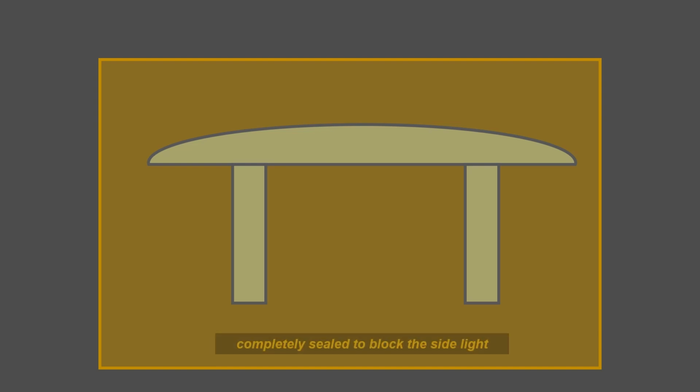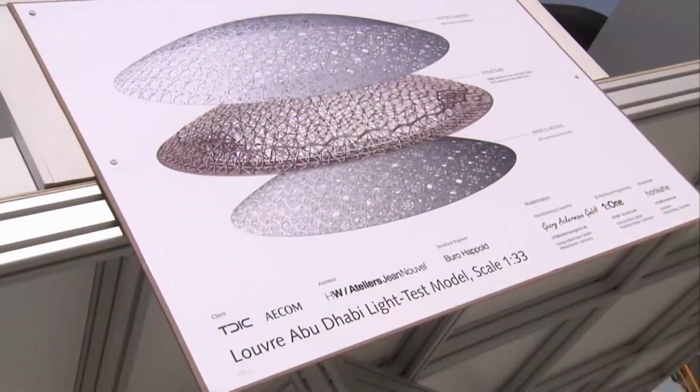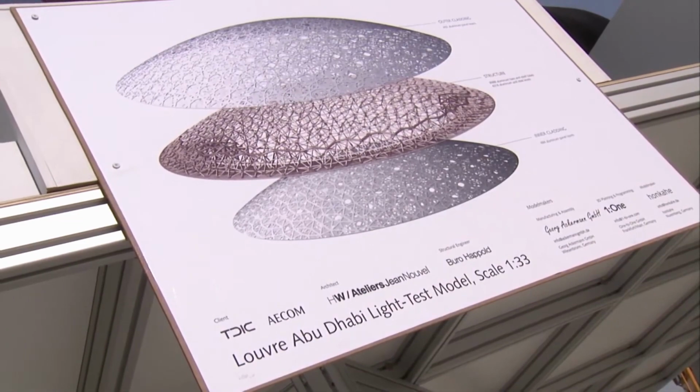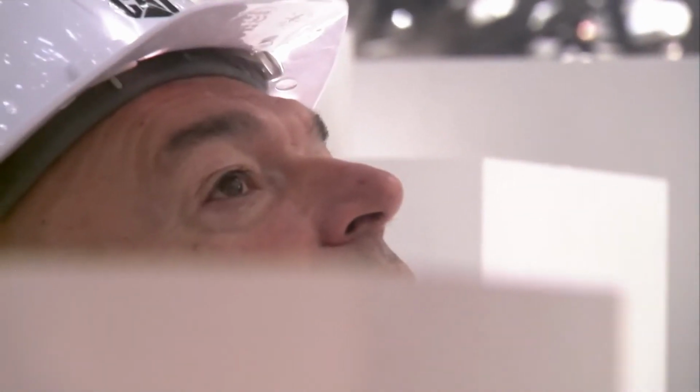The space around the model was completely sealed to block the side light, and a moving platform was structured to simulate the conditions at the center and edge of the dome. The mock-up test became a good reference point during the design period. After completing the mock-up test, the dome began to be built.